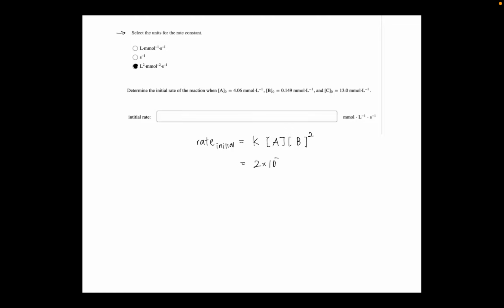We know the k value is 2 times 10 to the negative 5, A equals 4.06, and B equals 0.149 squared, and we get 1.8027 times 10 to the negative 6 per second. This is the initial rate, and this is how you solve this question.